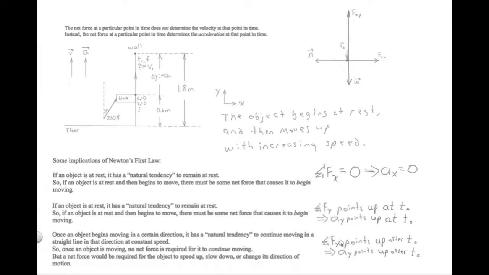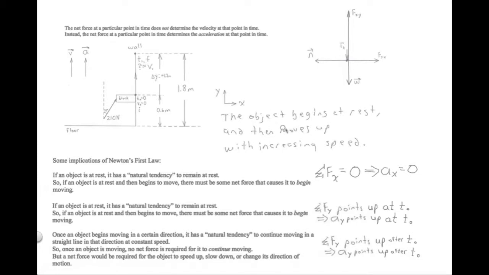The continued upward net force causes the object to overcome its natural tendency to move at constant speed, so instead the object that's moving upwards will be moving upwards with increasing speed because of the continued upward net force after time zero. Okay, so I think we've done the work to see that all of our results so far do make sense.